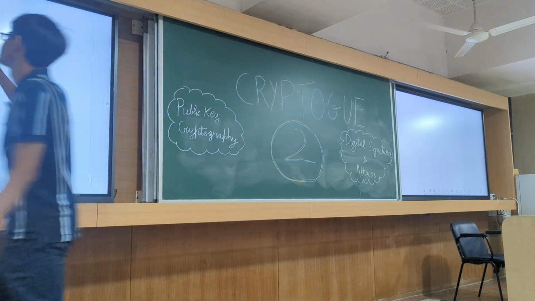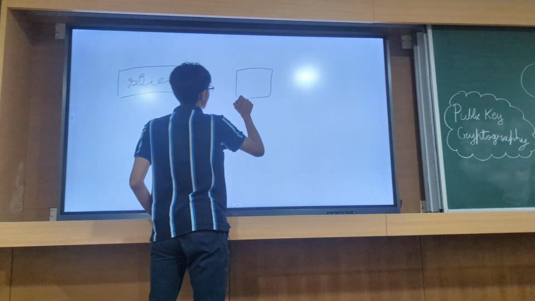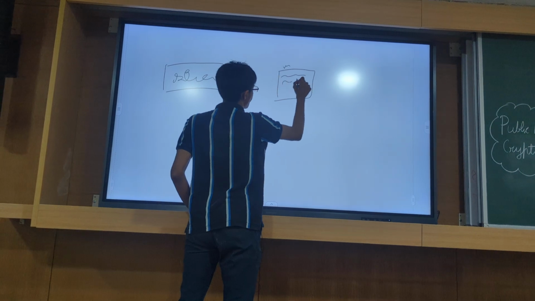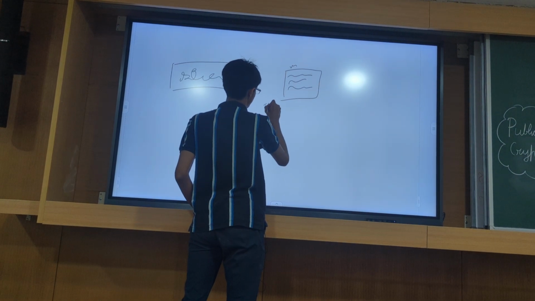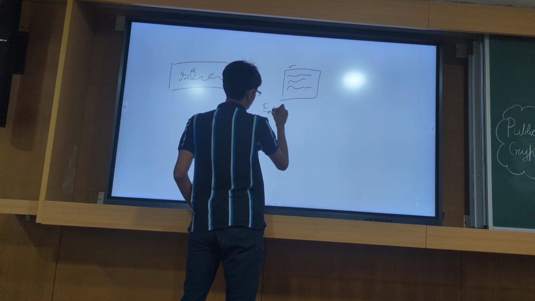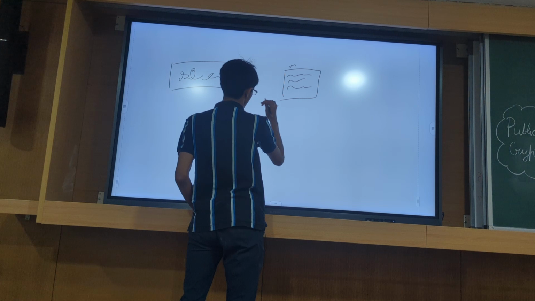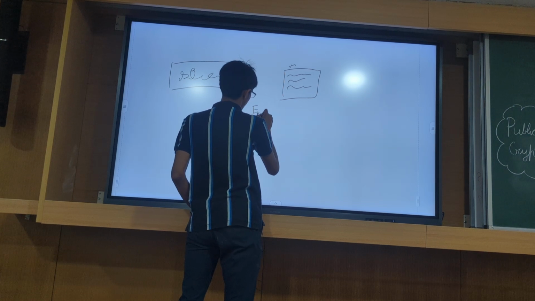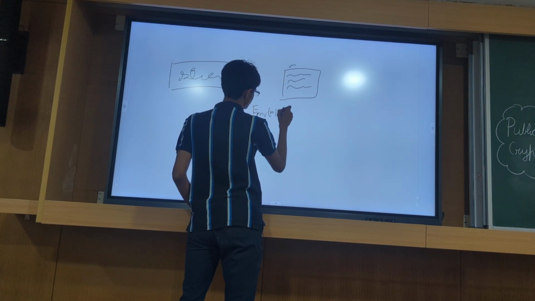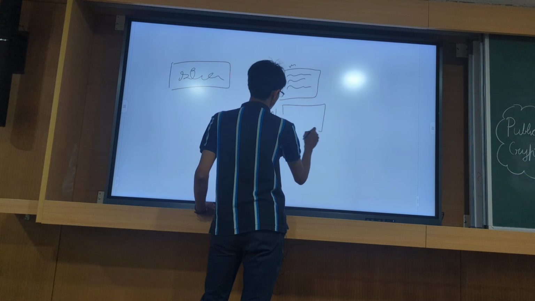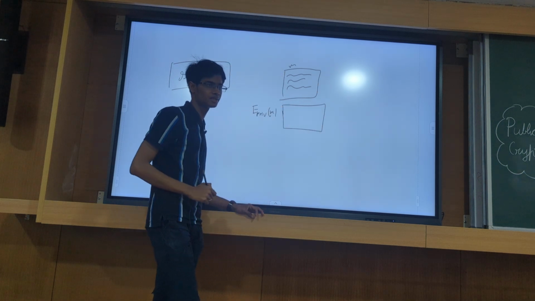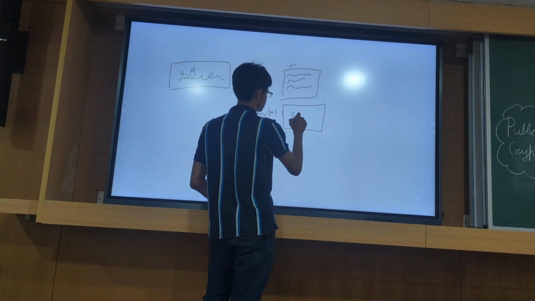So the whole idea is that this is your message M. What you're going to do is apply the private key on your message, and you will generate some signature.